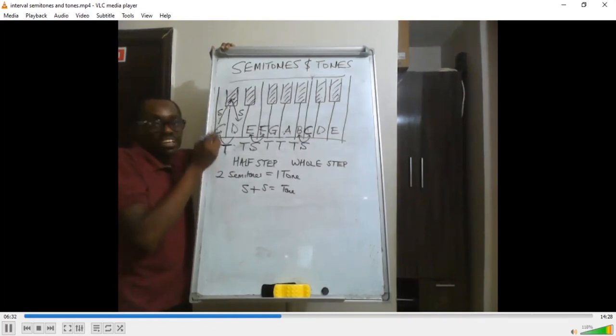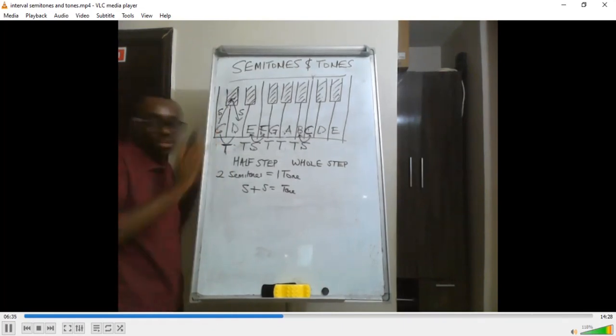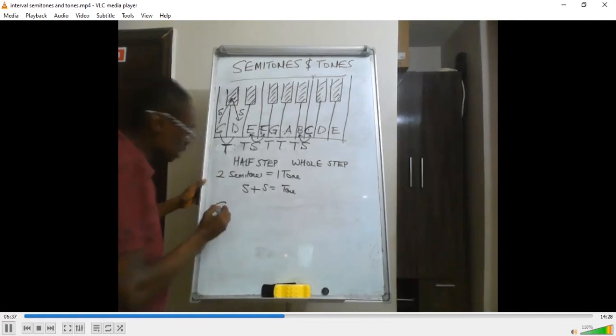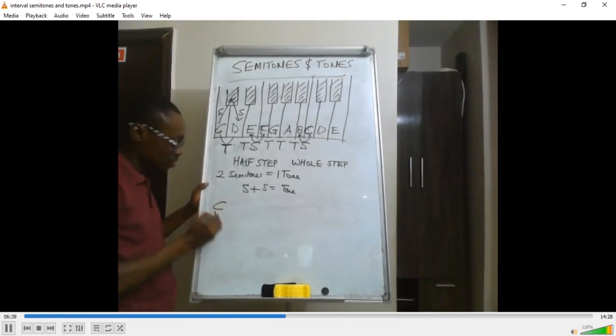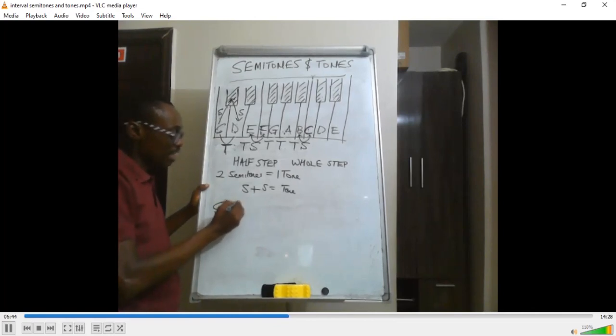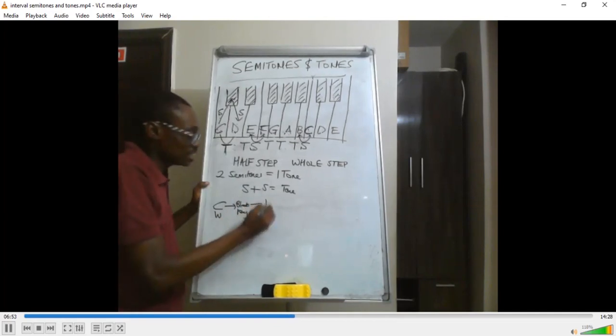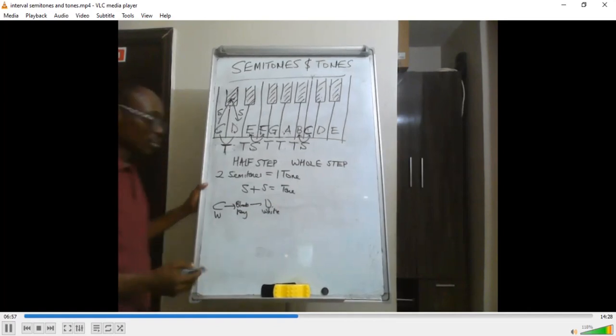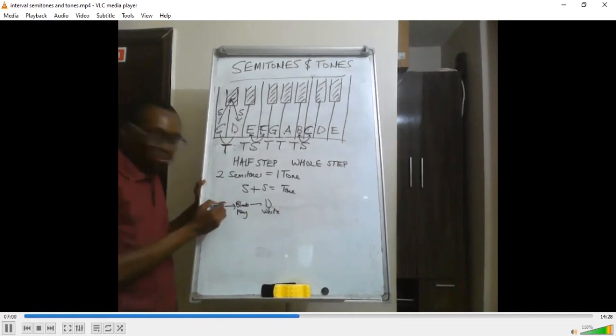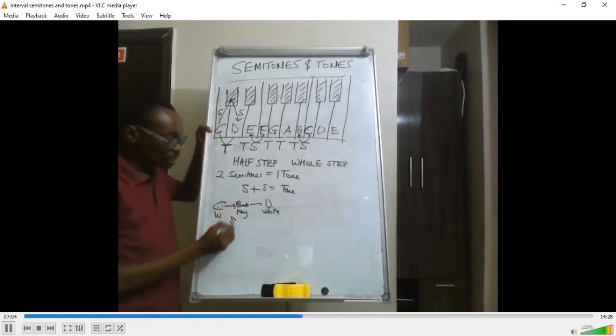So you can move in two ways. Either you move from C, the white key, to the black key in between, and from the black key to the white key D. From C to the black key, that distance is a semitone.